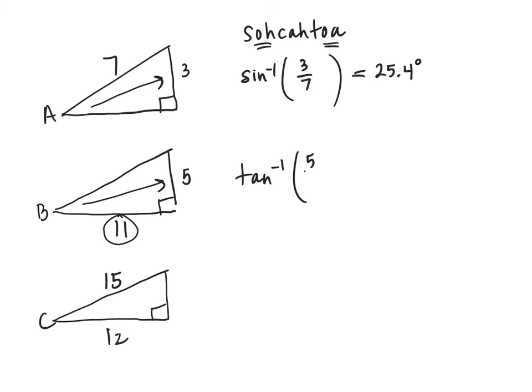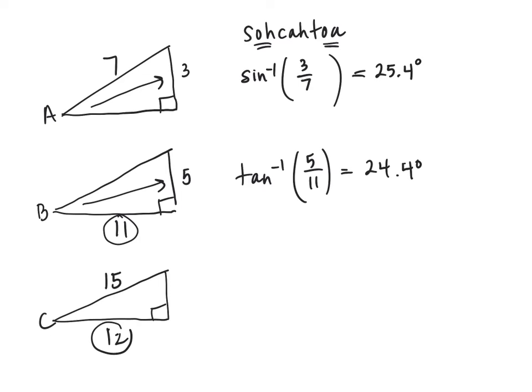Opposite over adjacent is 5 over 11. So the inverse tangent of 5 divided by 11 is 24.4 degrees.